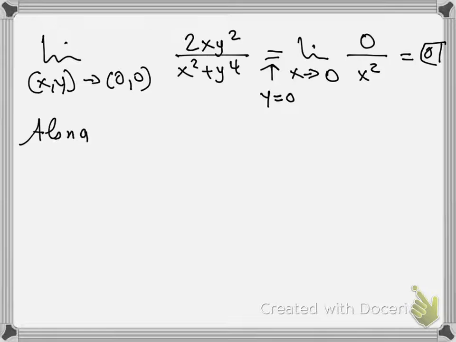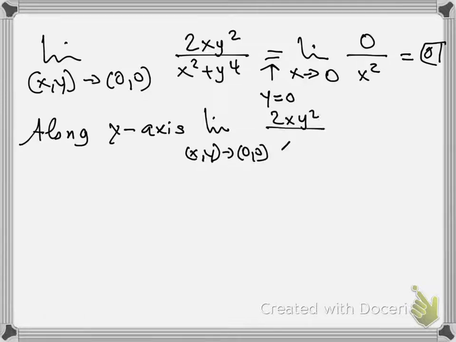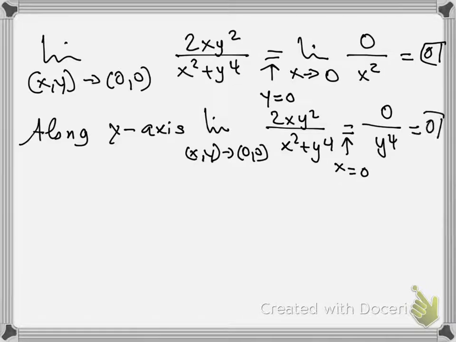Along, let's say now, the y-axis. Along the y-axis, (x, y) going to (0, 0) of 2xy squared over x squared plus y to the 4. Again, it's going to be just 0 over, so here x is 0, right? So it'll be 0 over y to the 4. So it's going to be 0. So that's another 0. Now let's try the diagonal x equals y.